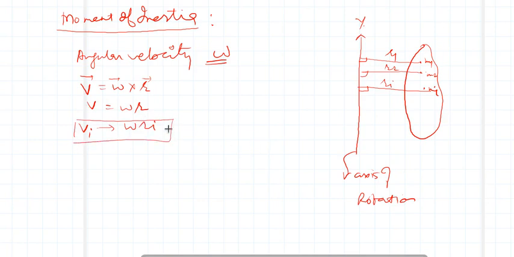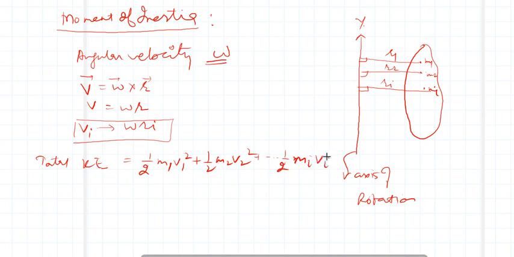So if it is rotating, that means there is a rotational kinetic energy, and the total kinetic energy due to rotational motion is the kinetic energy of every constituting particle. So it can be written like this: 1 by 2 m1 v1 square plus 1 by 2 m2 v2 square and so on, 1 by 2 mi vi square.